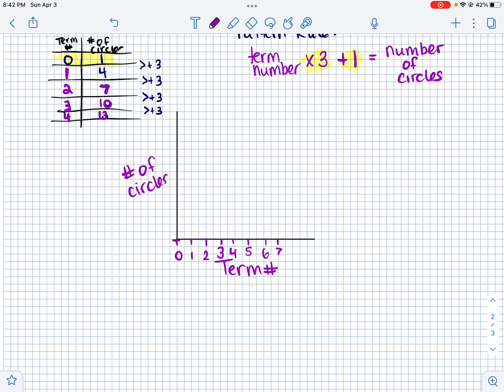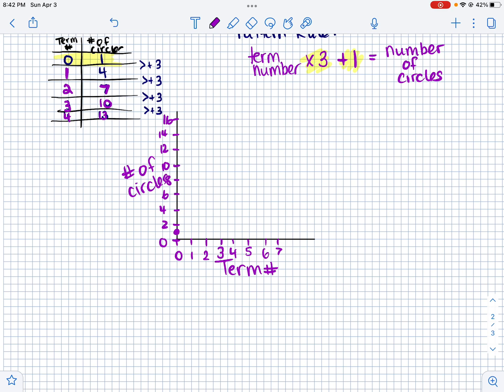And on the side, so always start at 0. And then number of circles, maybe I'll go up by 2, 4, 6, 8, 10, 12, 14, 16.